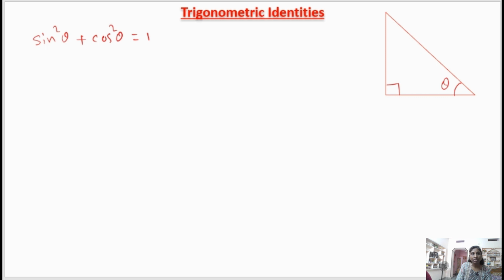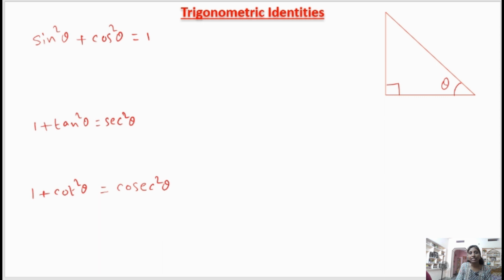One more identity, 1 plus tan square theta is equal to sec square theta. And another one is 1 plus cot square theta is equal to cosec square theta. So these are the 3 trigonometric identities, and we will use them in different ways.